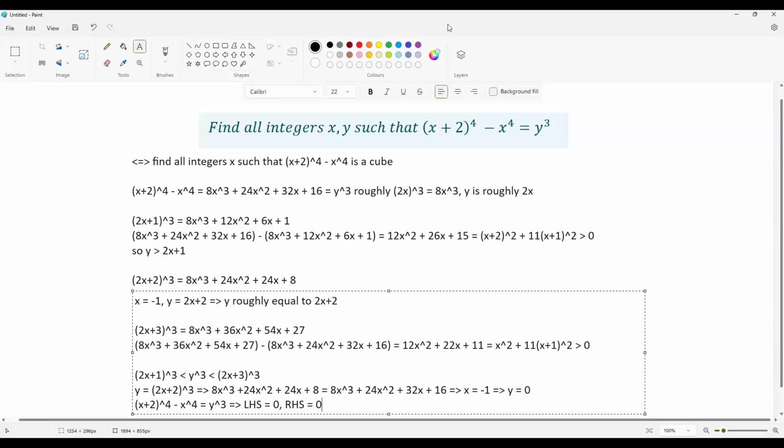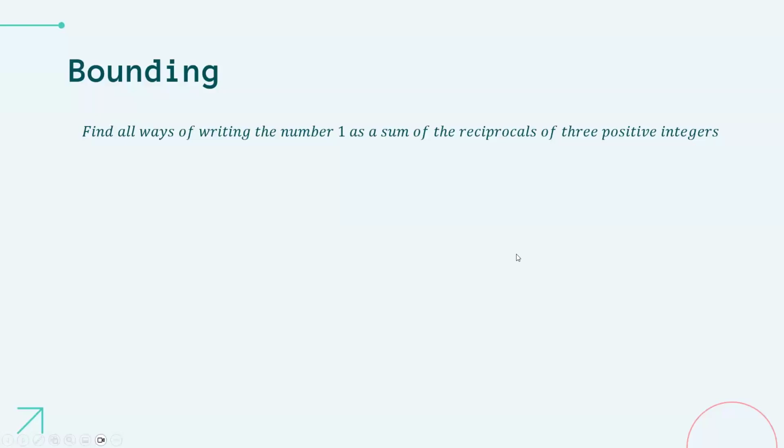Okay, next problem. Find all ways of writing the number 1 as a sum of the reciprocals of 3 positive integers.